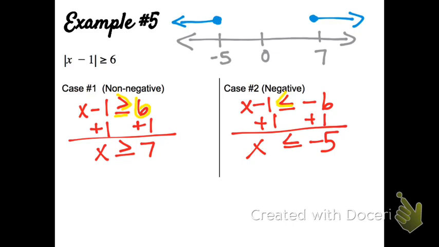This one is now less than, and I changed it to -6. And I, again, just added 1 to solve it. These two, again, if it's greater than 7 or equal to, it's a solid dot and it's going to the right. If it's less than -5 or equal to, it's a solid dot and it's going to the left.